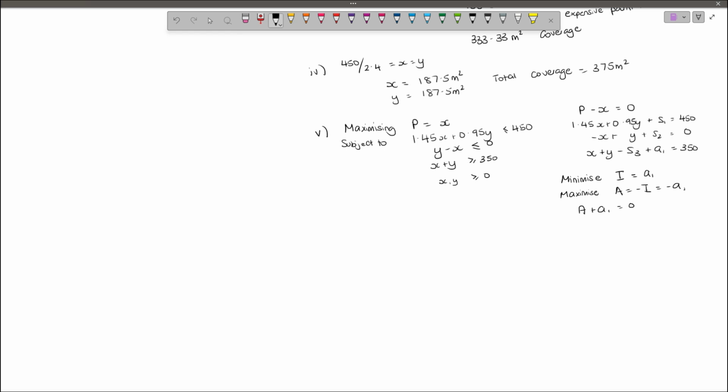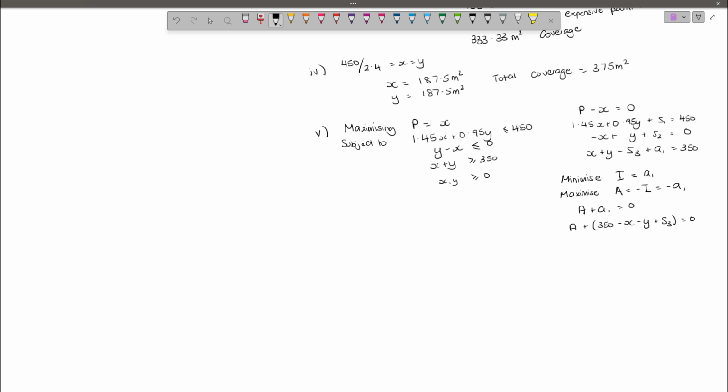But we have a bit of a problem. We don't really want an artificial variable in our objective. So we're going to rearrange the equation above that has the artificial variable in. We're going to get A plus 350 subtract x subtract y plus s3 is equal to 0.